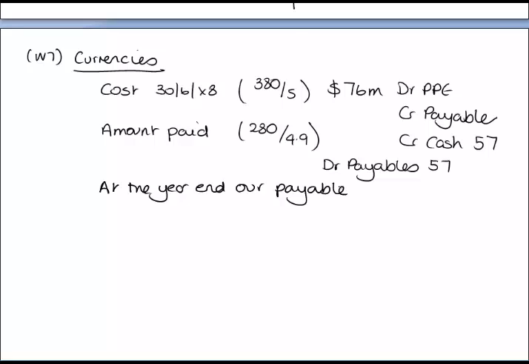Because we've not paid all of the amount to the supplier, have we? So that's why it's not the full 76 or 78. At the year end, our payable outstanding is still 100 million dinars, and we're going to translate that using the closing rate of exchange of 4.8 to the dollar. That gives us a figure of 21.